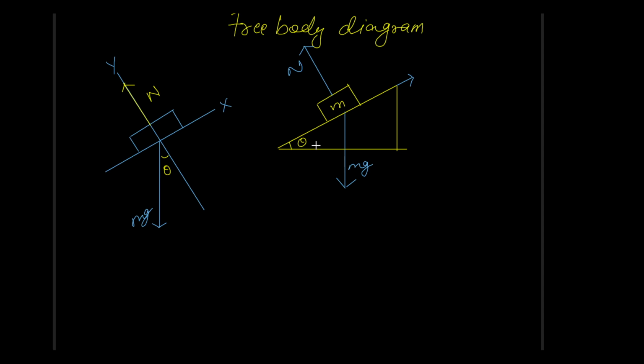So let me first resolve the components of this mg, and then you will understand what I mean to say. mg will have one of its components here, and the other component of mg is going to be in this direction.